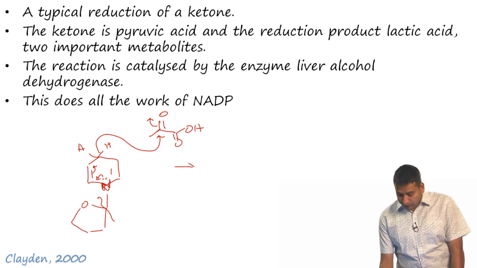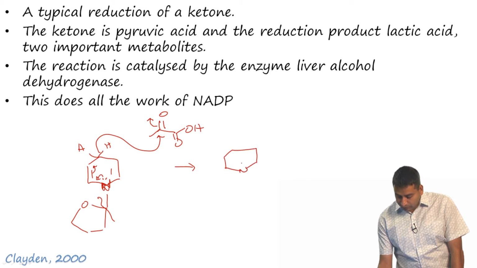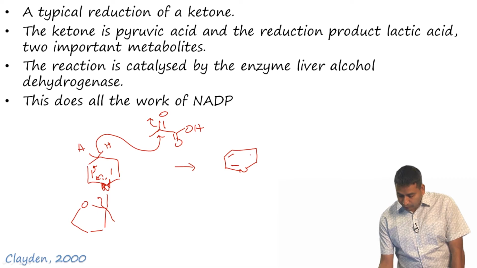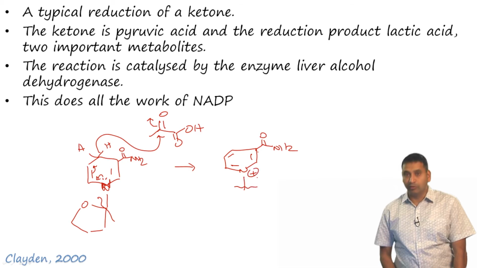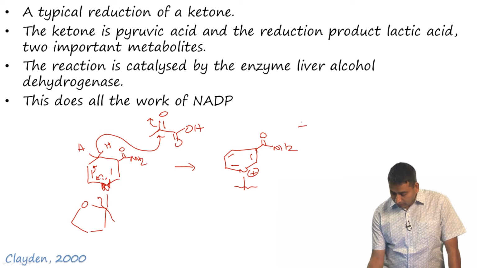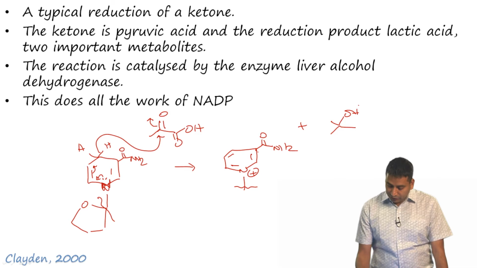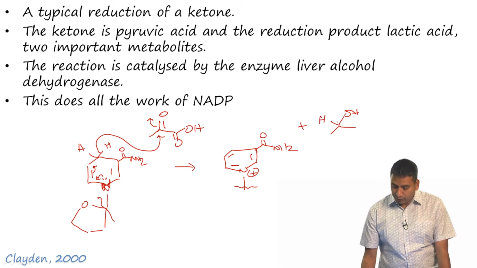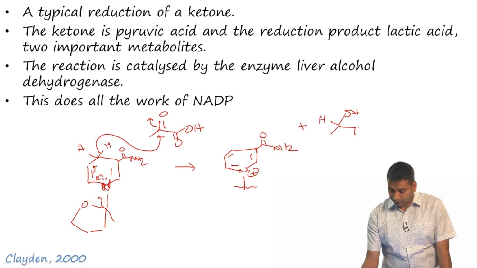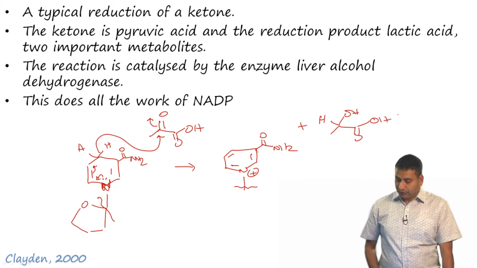So, the product in this case would be the pyridinium ion, right. So, there is a double bond here, this double bond remains intact, and of course, the NH2 is still here, CONH2, and you now have a positive charge on the pyridinium ion, and pyruvic acid has now become the reduced form as shown here, and this is going to be the product.